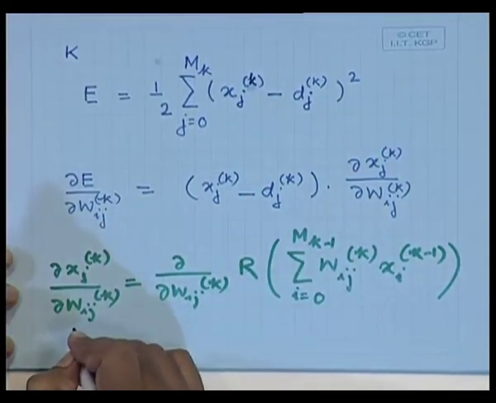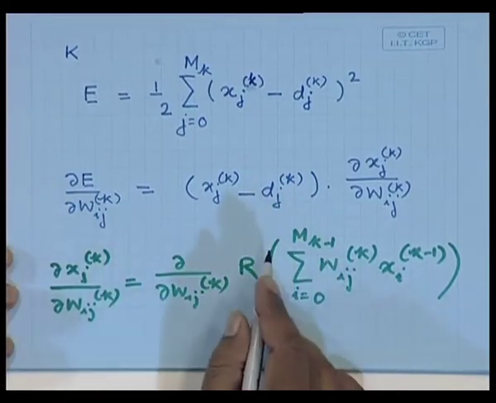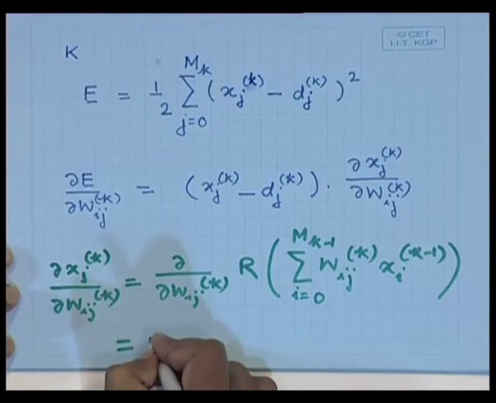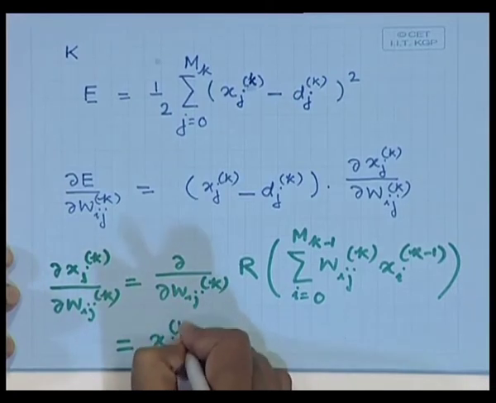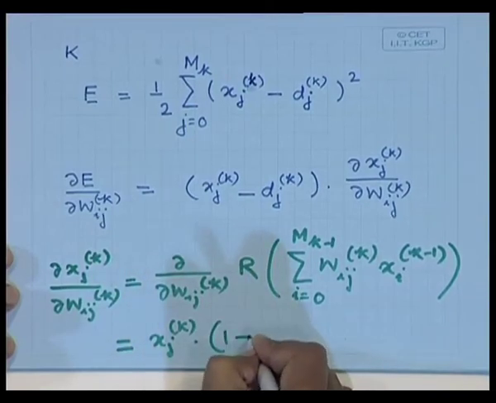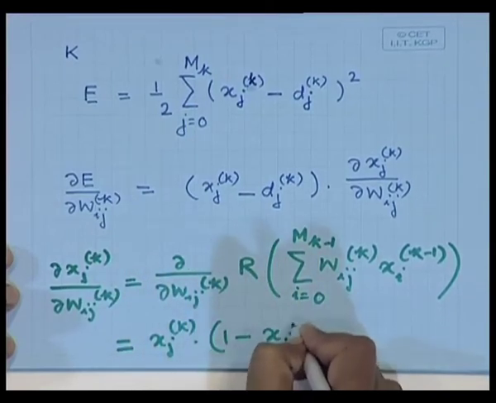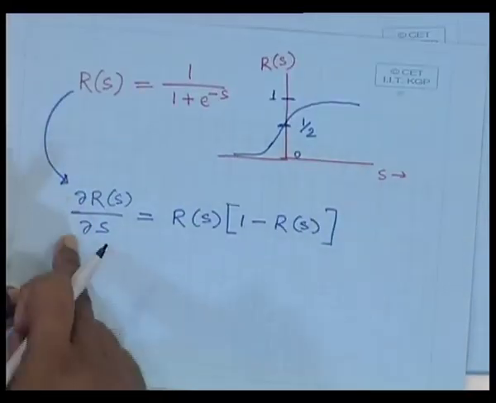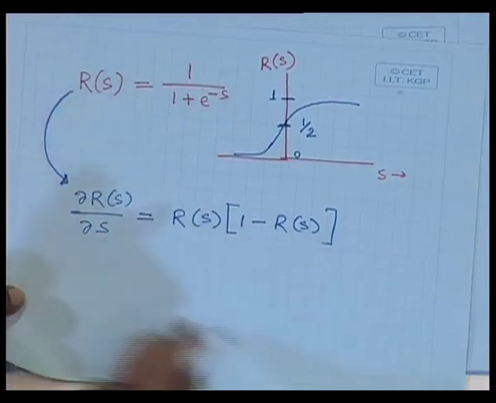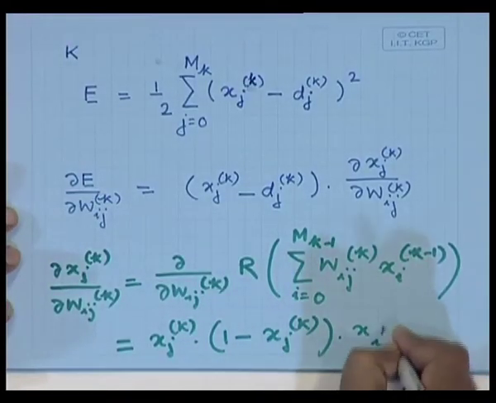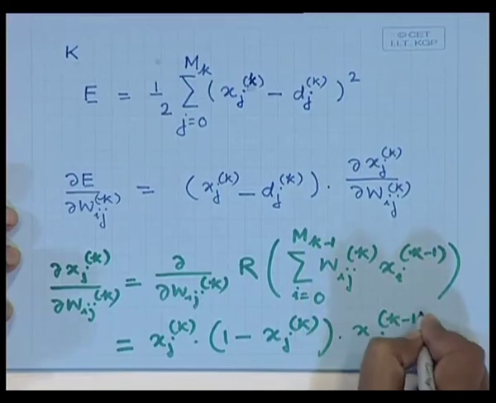Is that okay? If I take this derivative, this will be nothing but x_j^k into (1 minus x_j^k), coming from this particular expression, times x_i^(k minus 1).